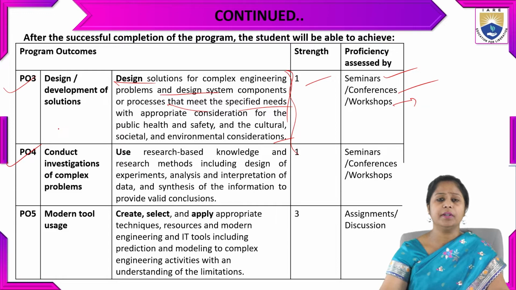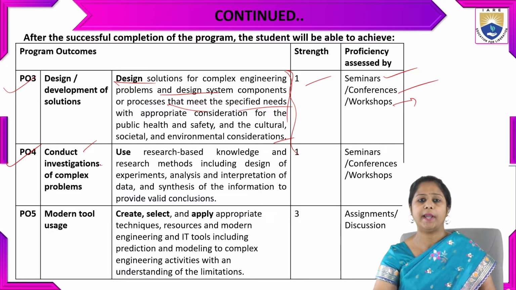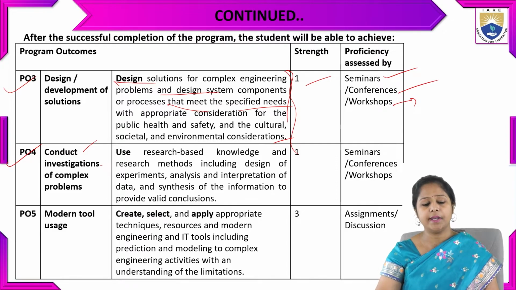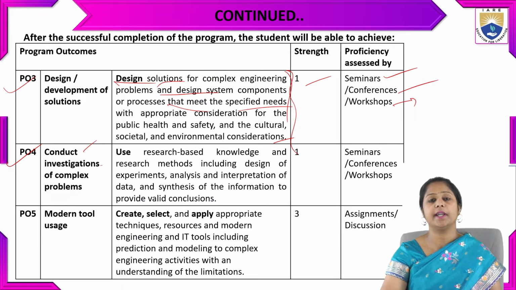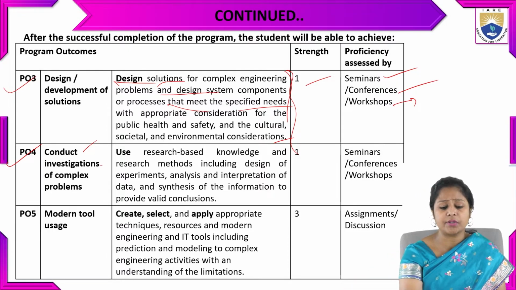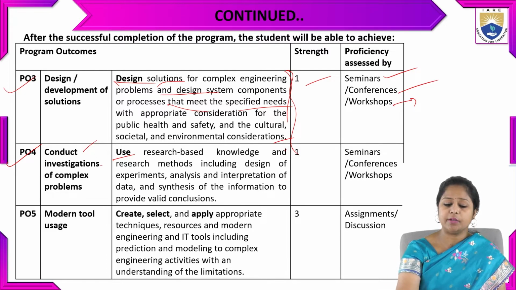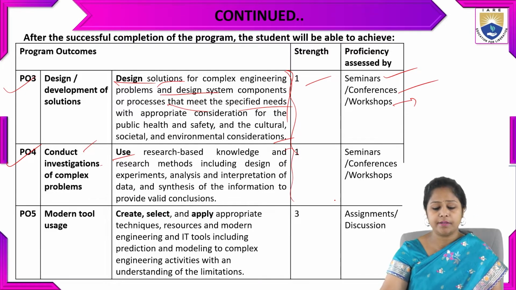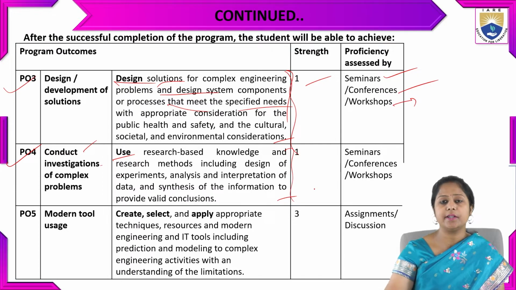In the PO4, the student is going to conduct investigations of complex problems. So whether he has designed these solutions, then he has to conduct the investigations after that. So the student is going to use the research based knowledge and research methods, including design of experiment, analysis and interpretation of data, and synthesis of information to provide valid conclusions.